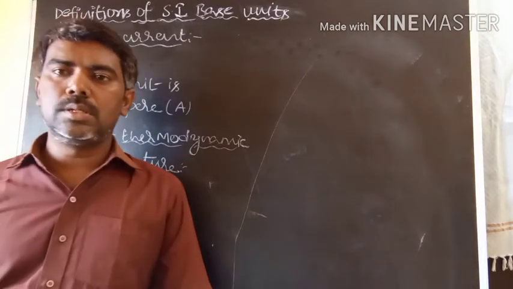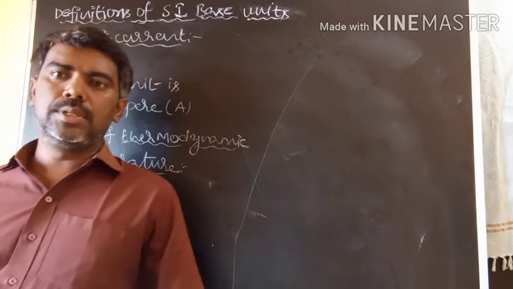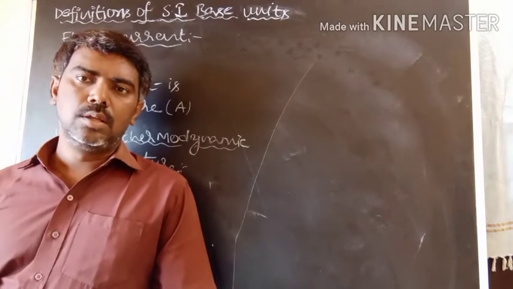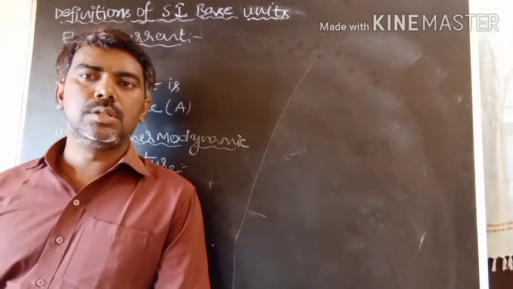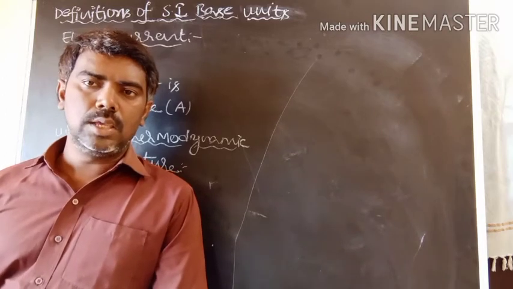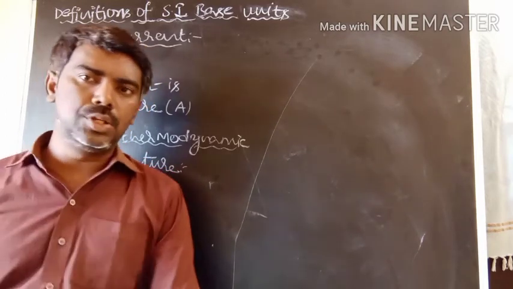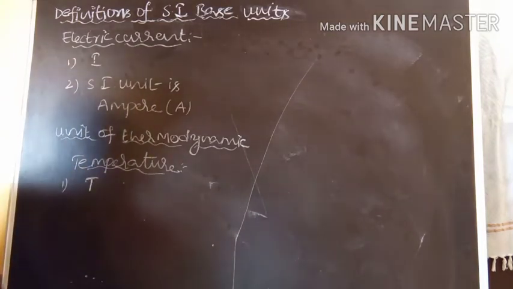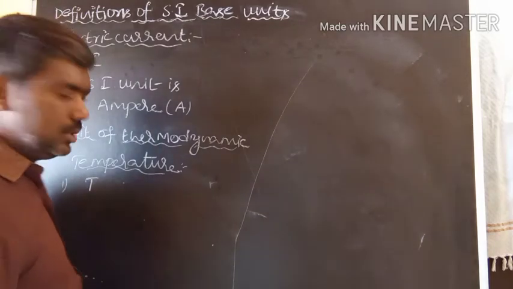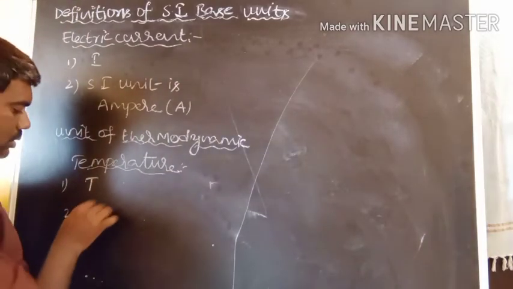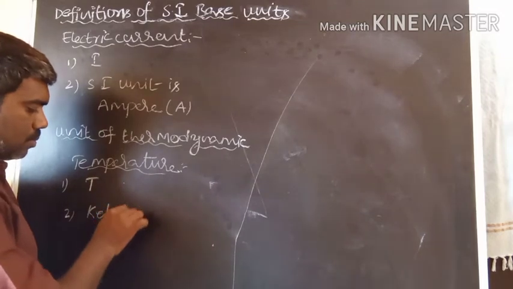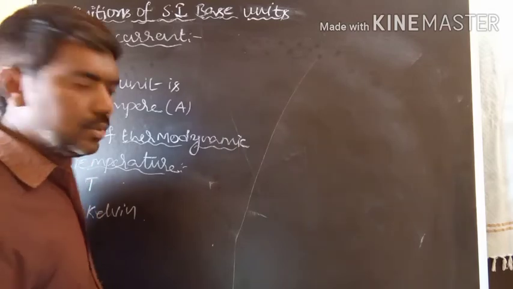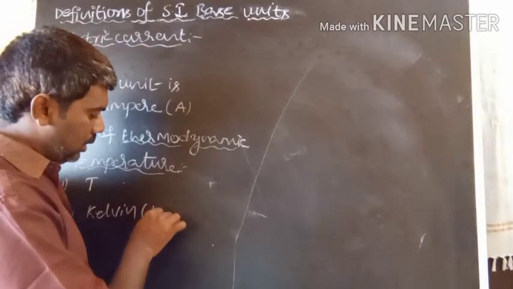The thermodynamic temperature is represented as a capital T. Then what is the SI unit of thermodynamic temperature? Kelvin. Kelvin is the SI unit of thermodynamic temperature. Then what is the symbol of Kelvin? Capital K.